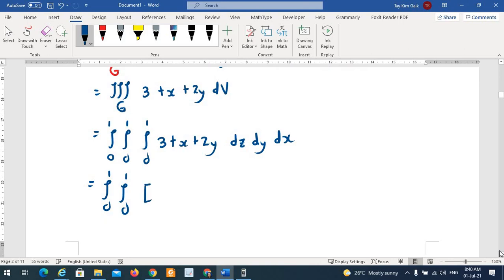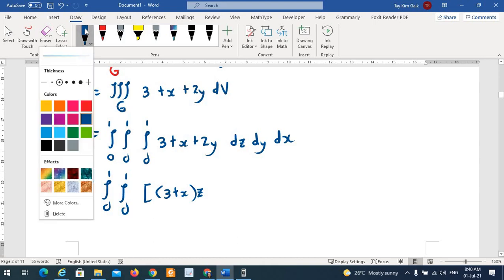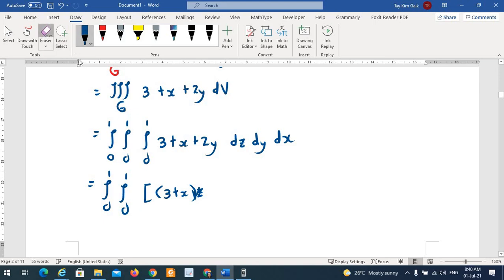When you integrate with respect to z, 3 plus x is constant. So you have the constant times z. Everything is constant, 3 plus x plus 2y, with z from 0 to 1, dy dx.